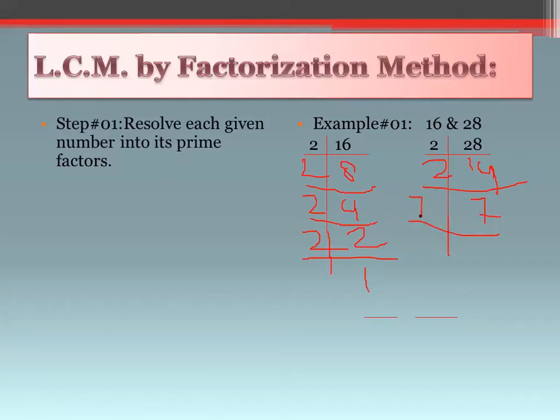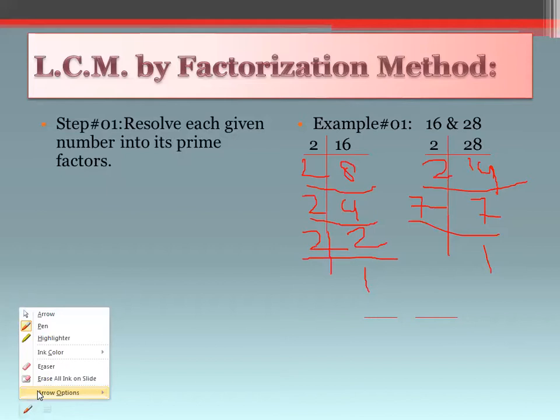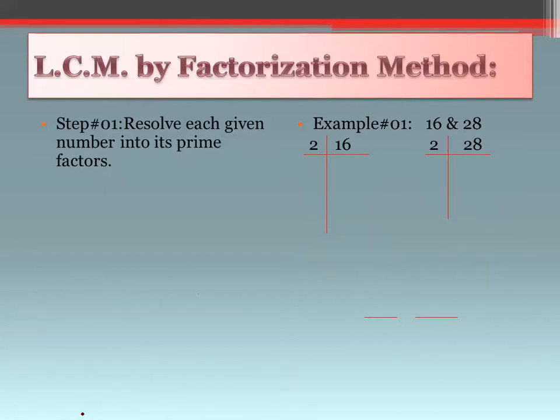Next, you can divide 7 by 7. So 7 into 1 is 7. These are all the prime factors of your given numbers: 2, 2, 2, 2 and 2, 2, 7. Here there is no composite number.